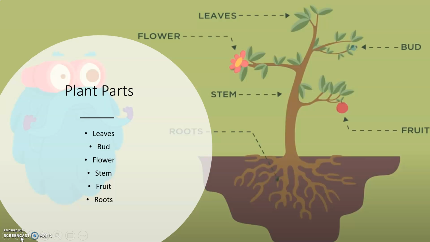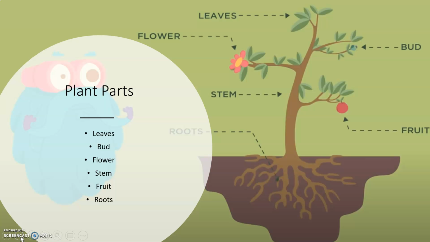Dr. Binox even told us what the purpose was for each of these parts. He even explained to us how plants are just like humans in that all of our parts have a function. How cool!